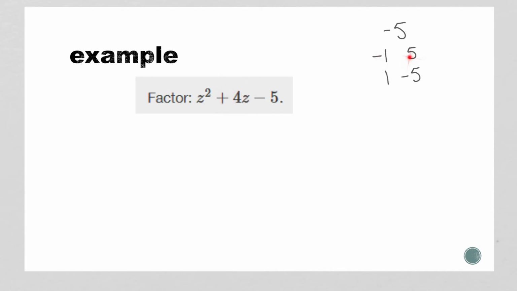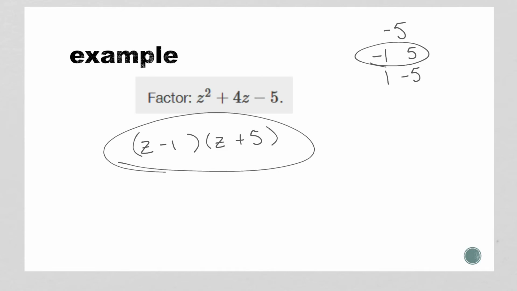Look, this one and this one add up to be +4, but this one and this one add up to be -4, right? Okay, so we're going to use this one. All right, so we've got z here and here, okay? And then I want to use -1 and +5. So z minus 1 and z plus 5 are my factors.